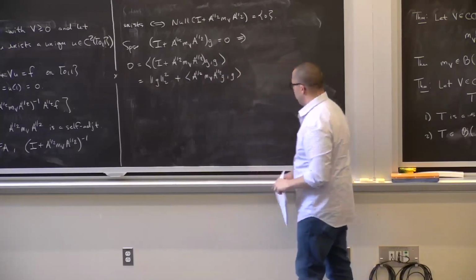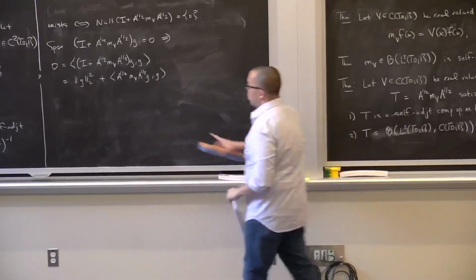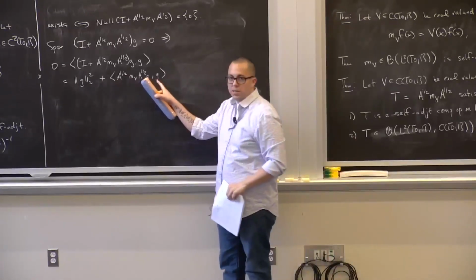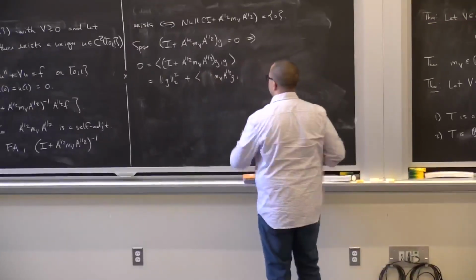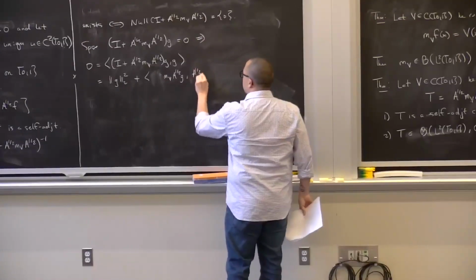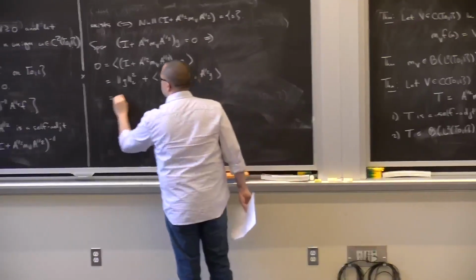Now since a to the 1/2 is self-adjoint, I can move it over to the second entry. Let me just write this out.